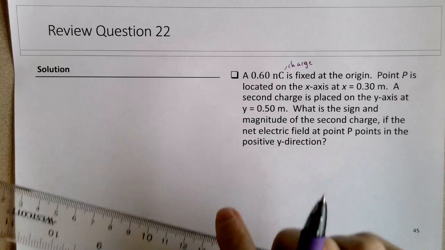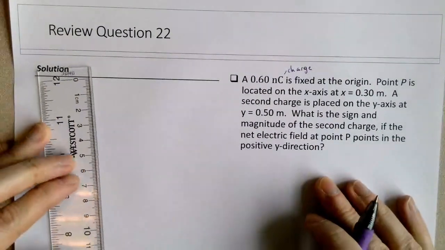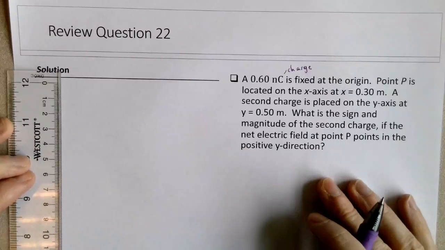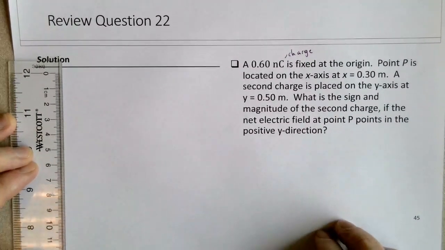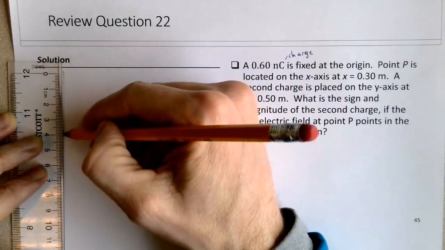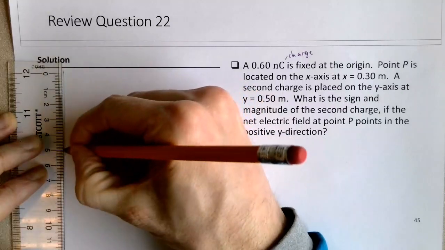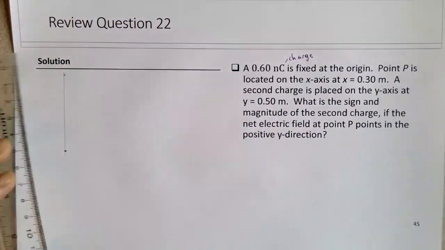Okay, so let's try to draw this somewhat accurately. Give myself enough room to calculate everything else. I'll use a scale on my ruler here: 0.5 is 5 centimeters.